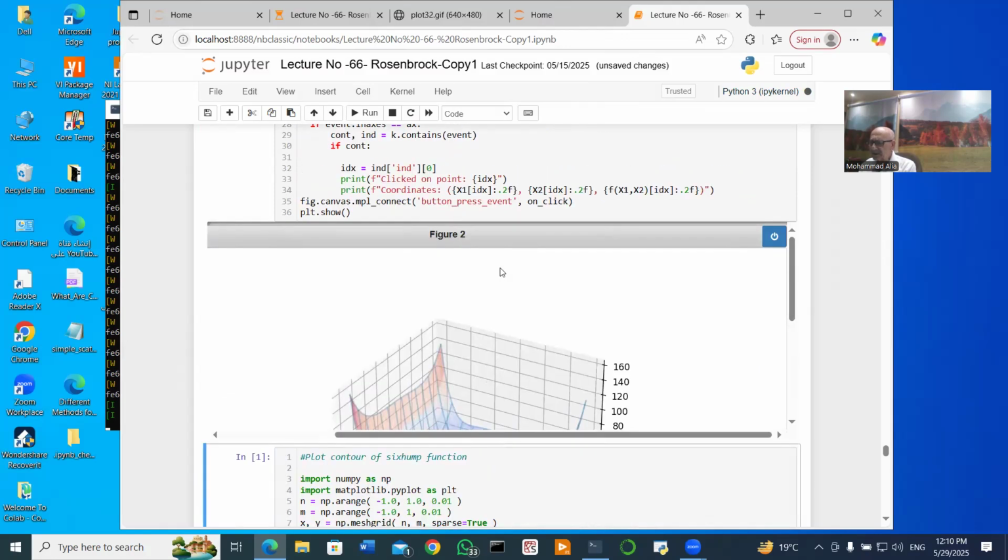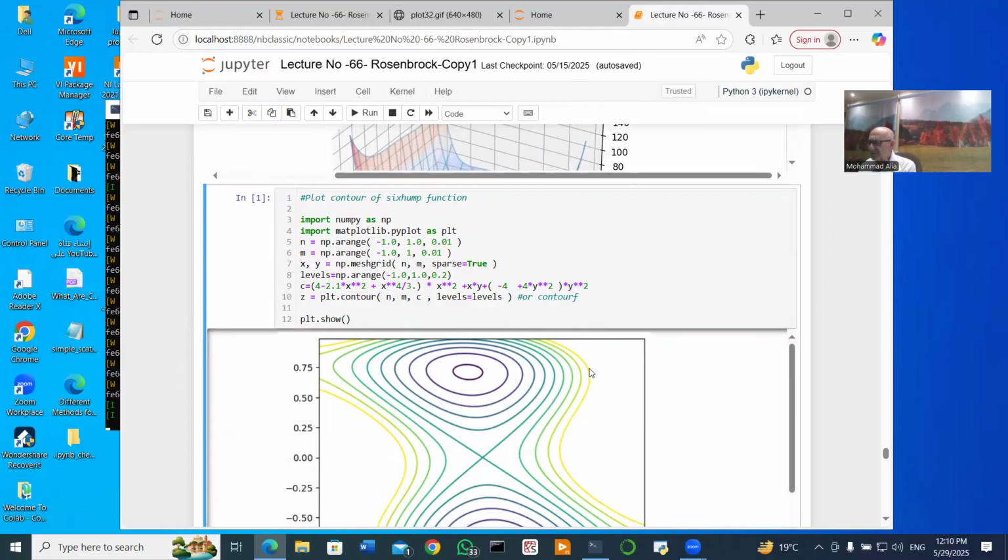What else we can see? I have also here created for you a general contour for the same function, but I have added a line statement which defines the number of levels which I request. Levels here is given as an NP array between -1 and 1 with a delta value 0.2.